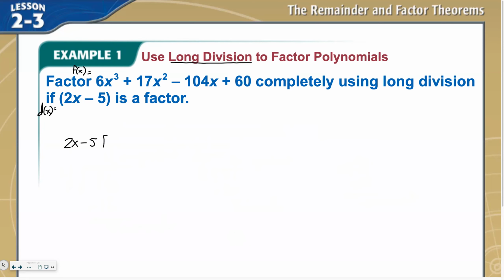And so what I want you to do is write out 2x minus 5, and then outside the house or whatever you want to call it, the division symbol there. And underneath the house, we'll write in our dividend. That's the actual word. But the equation f of x, which is 6x cubed plus 17x squared minus 104x plus 60.